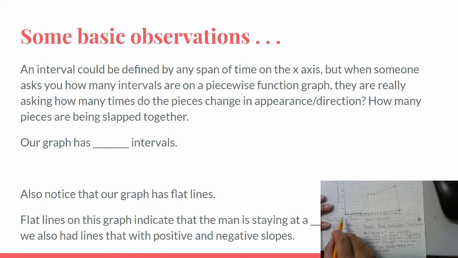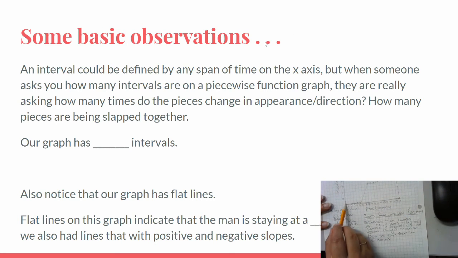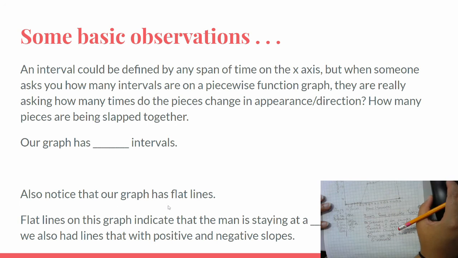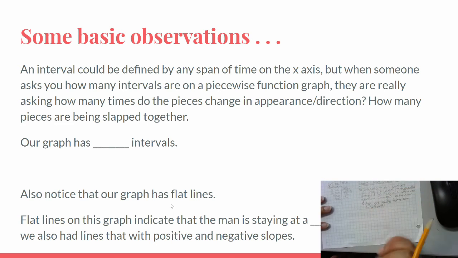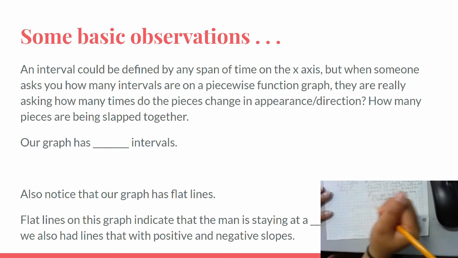You could give random intervals, but they're really asking, hey, where are the pieces of my different functions? Where is it changing? Where is it the same? So we have 5 intervals of one line type, another line type, another line type, another line type, another line type.